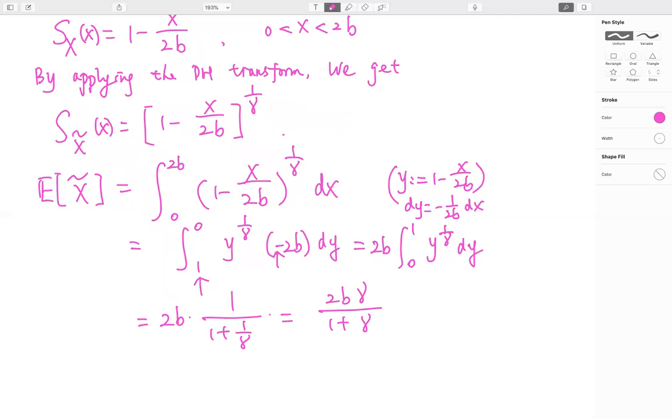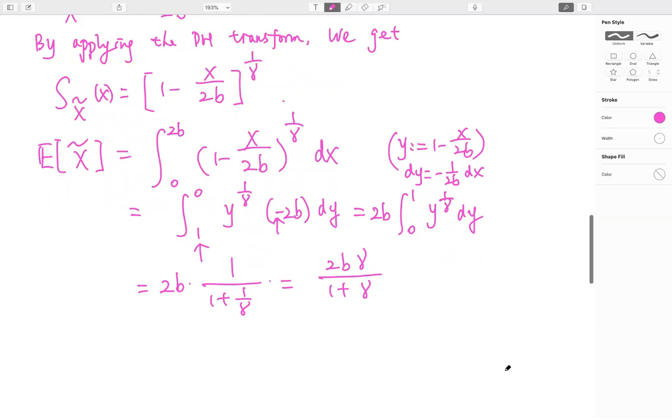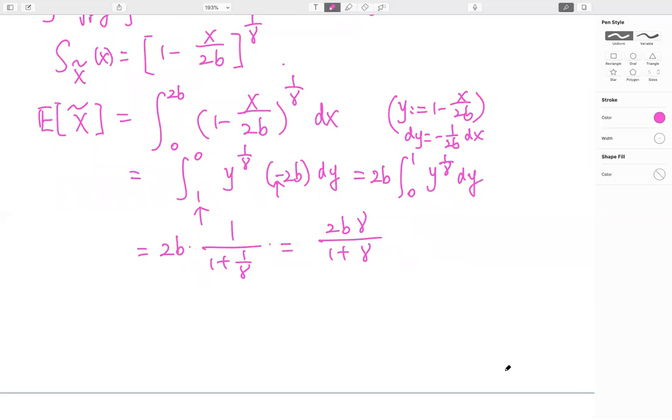The second one is exponential. I believe we already did exponential in the video. The third one is Pareto. I think we also did. What we already know from exponential and Pareto is they give us back the same family, so you don't need to do this.